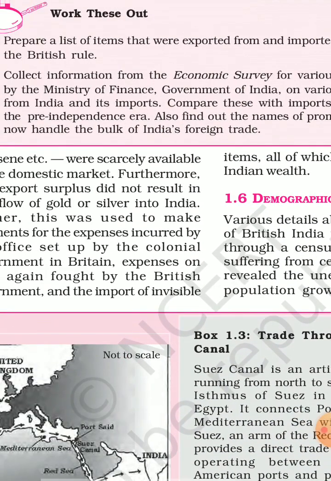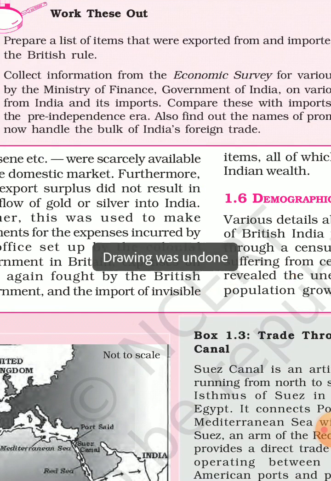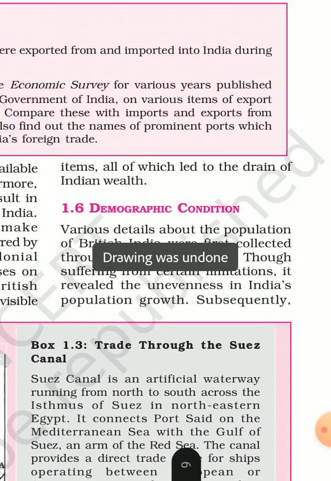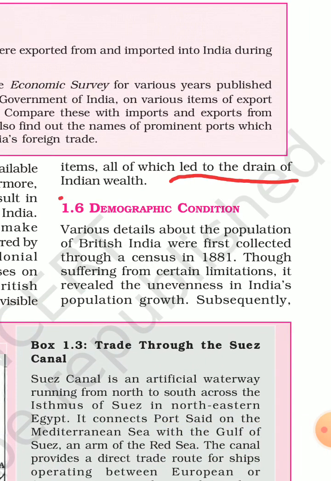And by this, what happened? The import of invisible items, meaning services, led to the drain of wealth. The money which was of Indians, which might have been used for India's development and growth, went from India to Britain and was used by Britain.